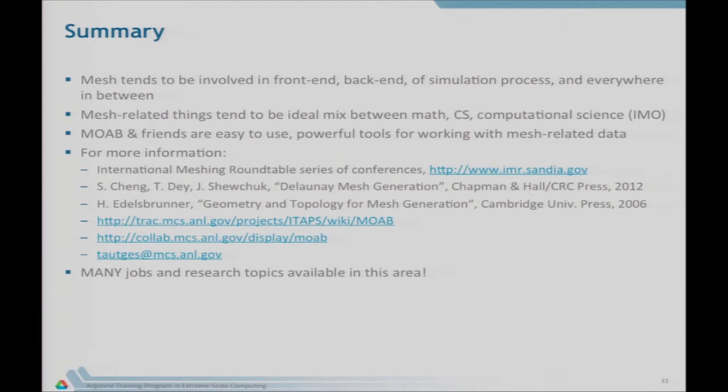That's really a good intro to some of the CSE type things we deal with in meshing. And then here are a few pointers to some of the work that I do. And finally, there are just a boatload of jobs and research topics in this area. So if it interests you, there's all sorts of interesting work to do. Thanks.